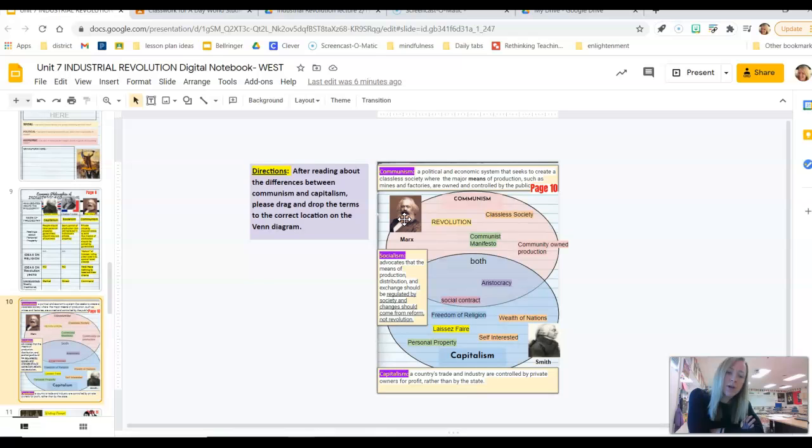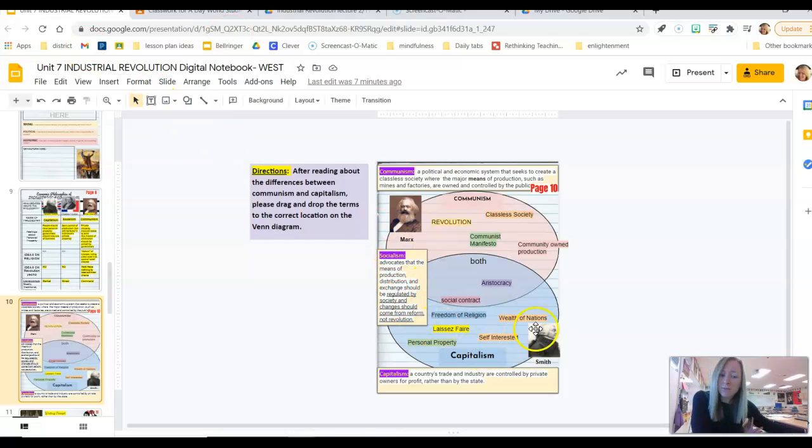This is a community-owned production. He did not believe that there was any need for religion. Religion was a distraction and something that the ruling class, he believed, used to keep the lower class sort of pacified. And as we know, later Russia will actually have a communist revolution in our next unit over World War I, and we'll talk about the successes, but then ultimately the failure of communism.